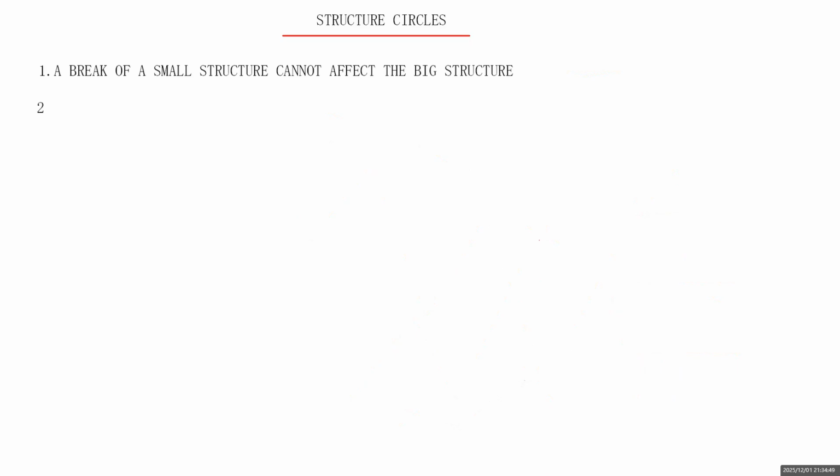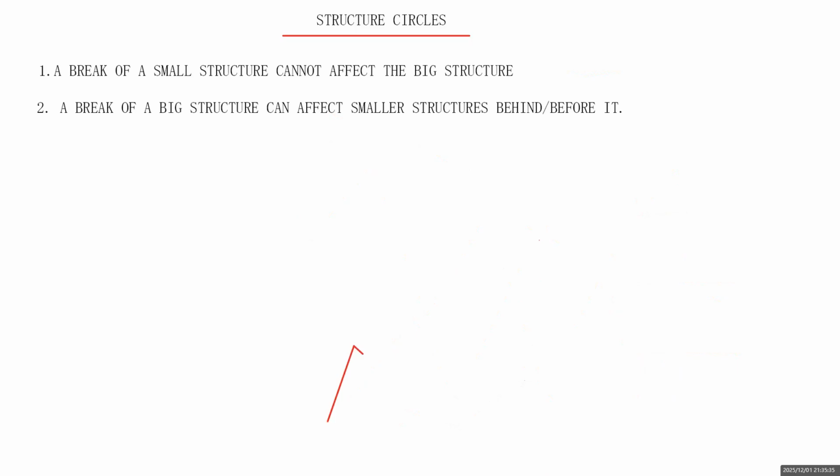Rule number two of structure circle states that a break of a big structure can affect smaller structures behind or before it. Now, what does this mean, right?